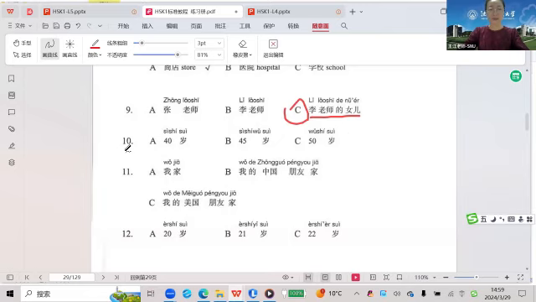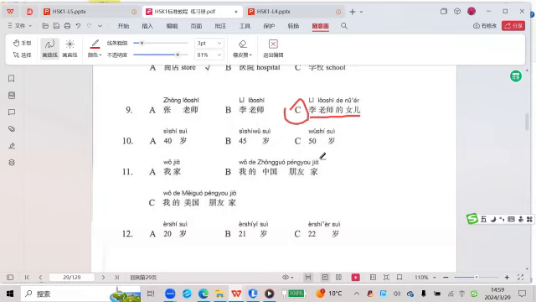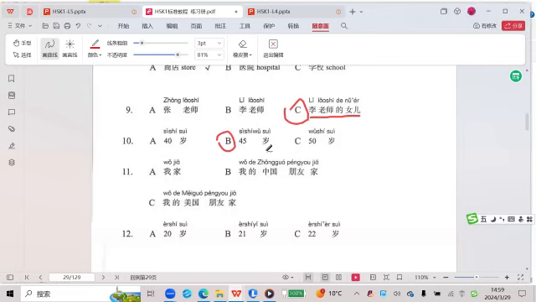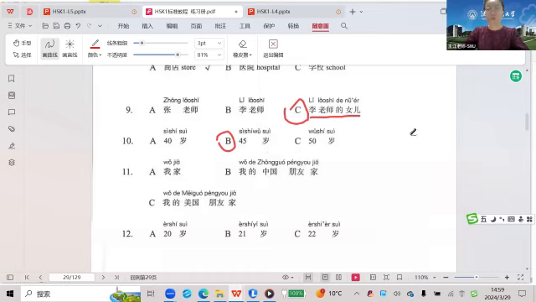Okay. Number 10, what is your option? B. Is it B? B is correct. B is 45岁. Okay. So let me repeat. Please turn off your microphone.